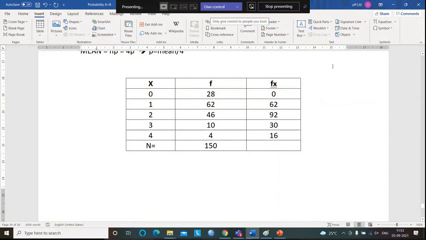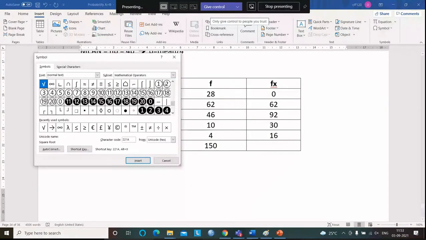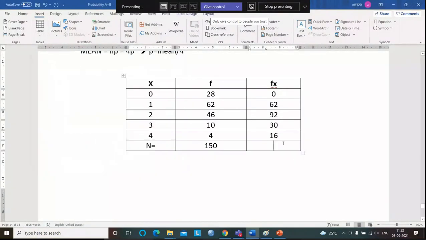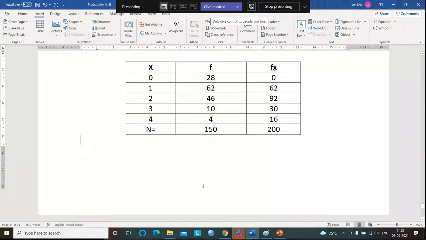Now by adding these values, directly I'll write summation f into x. Once we add these values, we get 200 as the answer. So summation f into x is equal to 200. Now, what is the formula to find out mean here?